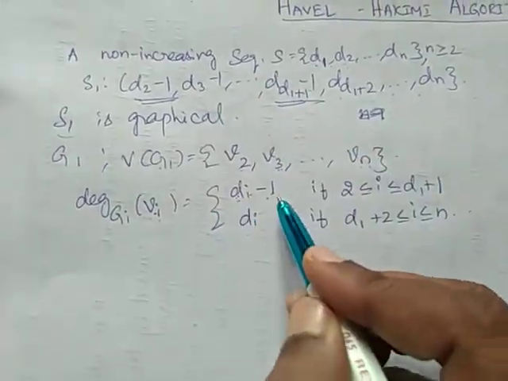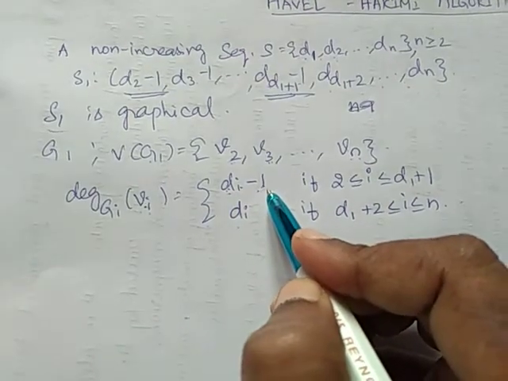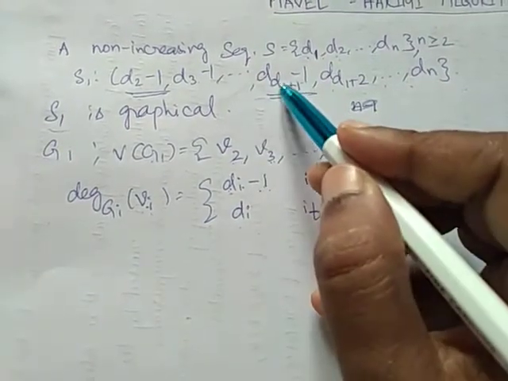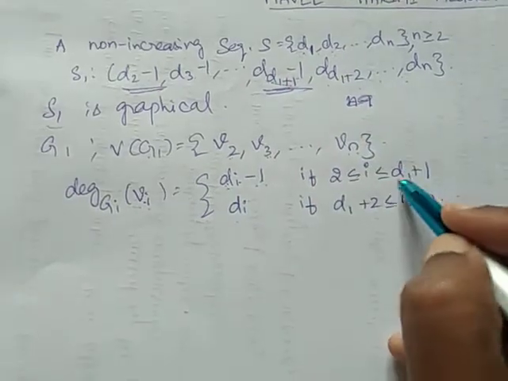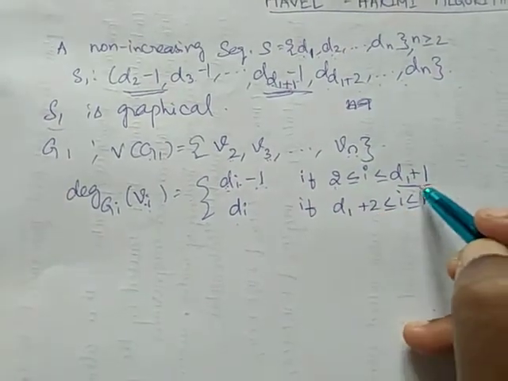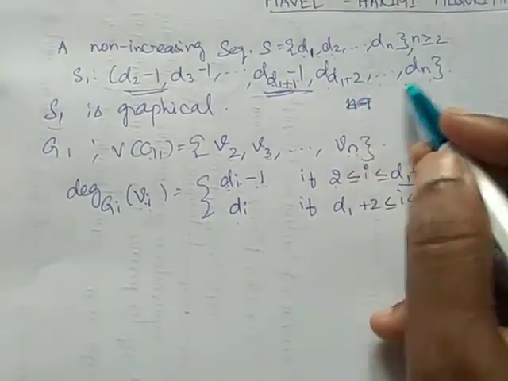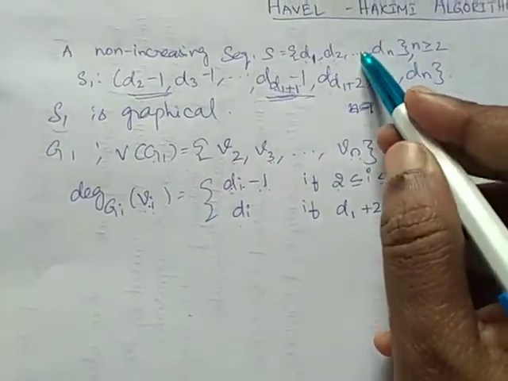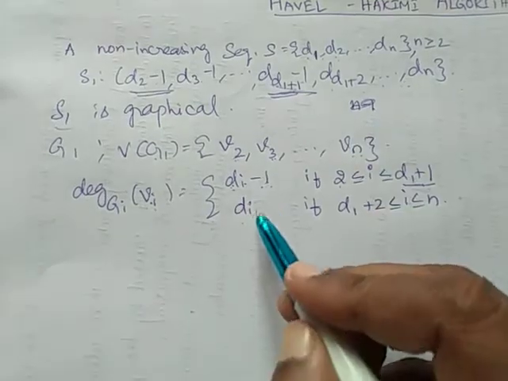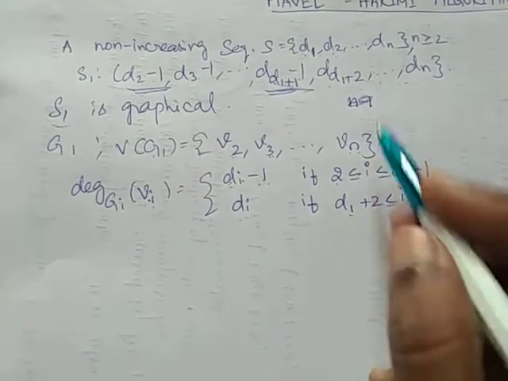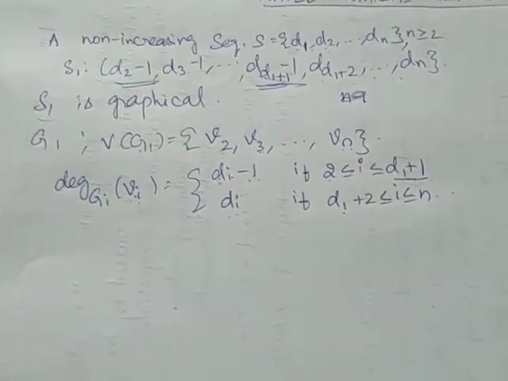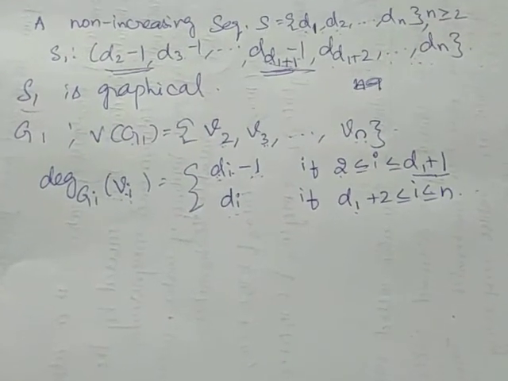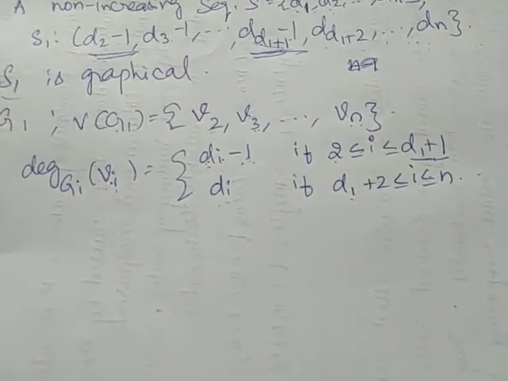Therefore, it is Di minus 1 till i equals D1 plus 1, so from 2 to D1 plus 1. After that, the degree remains as it is. Dn remains Dn itself, Dn minus 1 remains Dn minus 1 itself. Therefore, it is Di from D1 plus 2 to n.